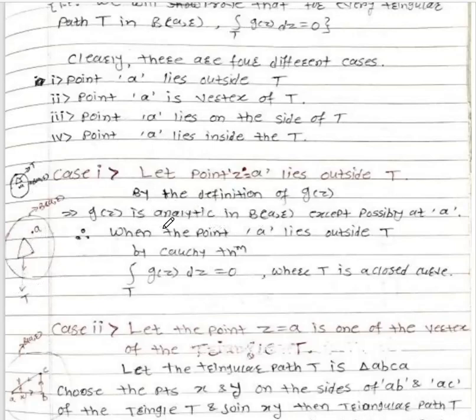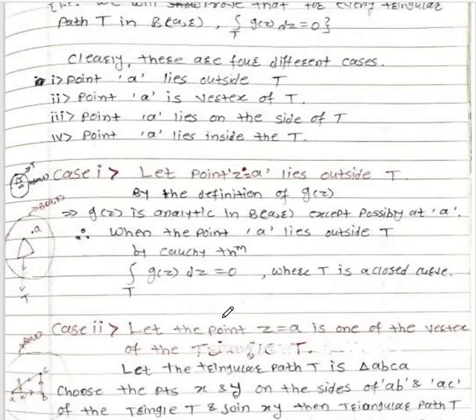Therefore, by using the definition of g of z, g of z is analytic in the open disk except possibly at the point a. So g of z is analytic in this open circle, but at this point g of z will not be analytic. So when the point a lies outside T, by Cauchy's theorem we can say that the integral over T of g of z dz equals 0, where T is a closed curve.